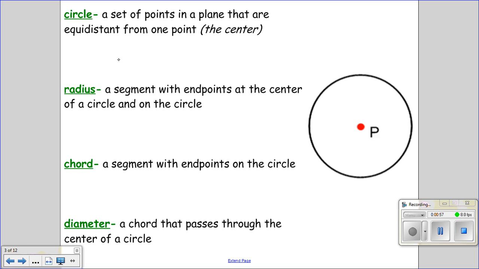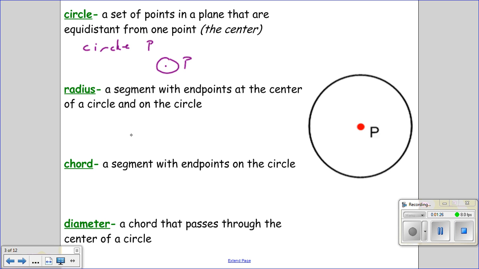So our circle on the right is called circle P. We could write it out using the word circle and the letter P, or you can use the circle symbol and then put a P. So the circle symbol with a P is another way to name the circle.